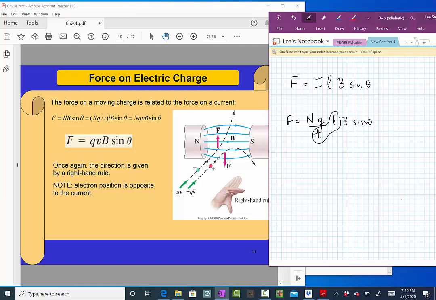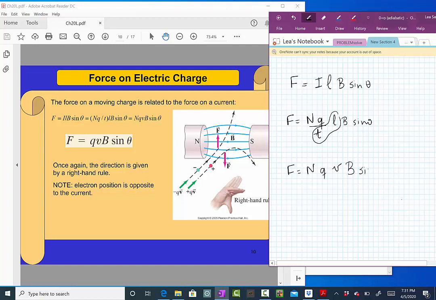The length is the piece where the charge feels the magnetic field. So length divided by time gives us the magnitude of the velocity, the speed of those charges.